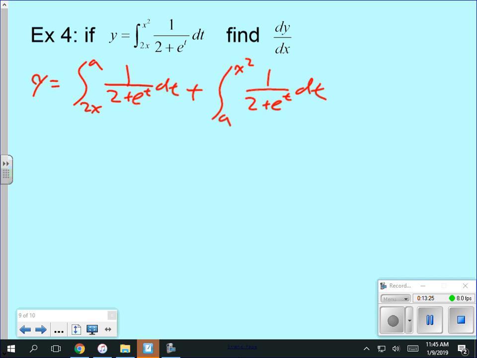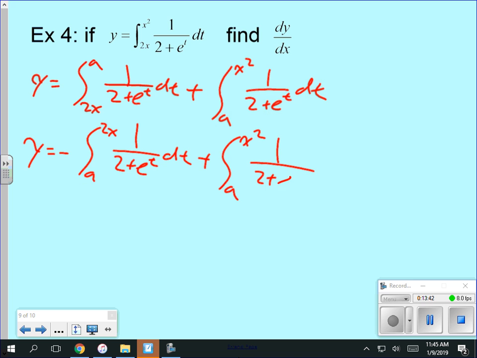I need to flip it. Now flip it, change the sign.